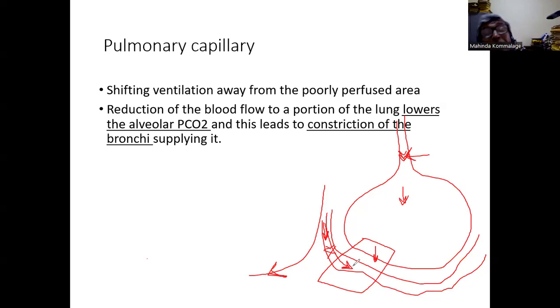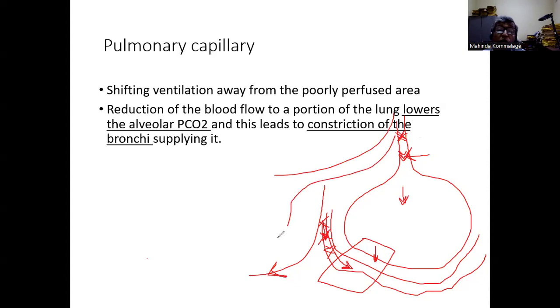Constriction of the capillary. Somewhere here, some constriction. So no blood will come because of constriction and no carbon dioxide. So no point of keeping the ventilation here. So if there's a low carbon dioxide, this airway will constrict, or bronchi or bronchioles will constrict and prevent the airflow to this alveoli, and then the air can be diverted to other good alveoli.